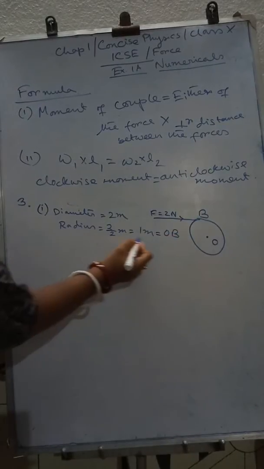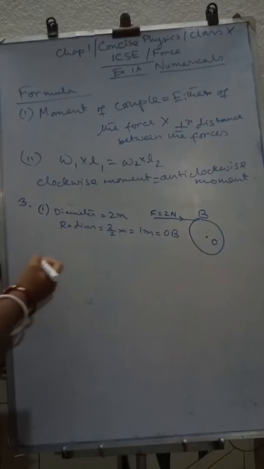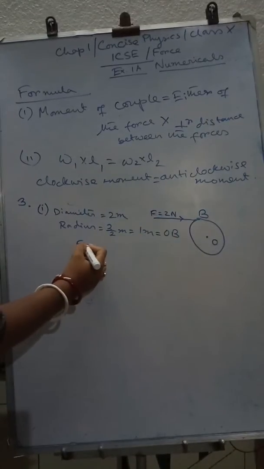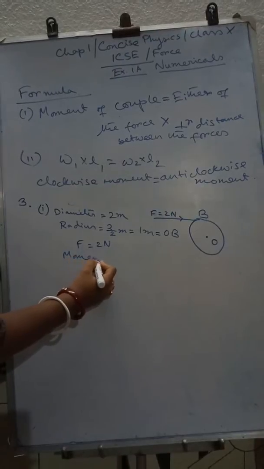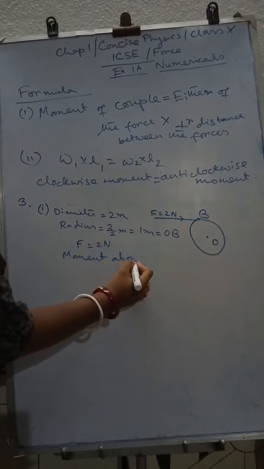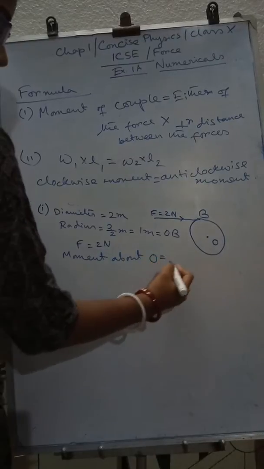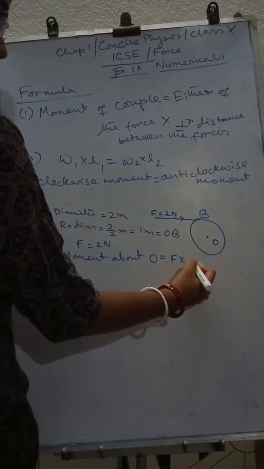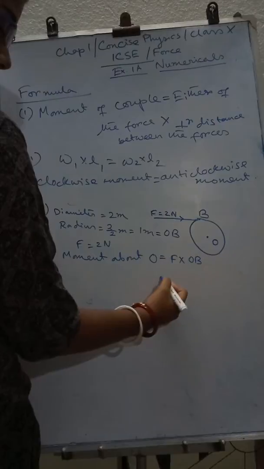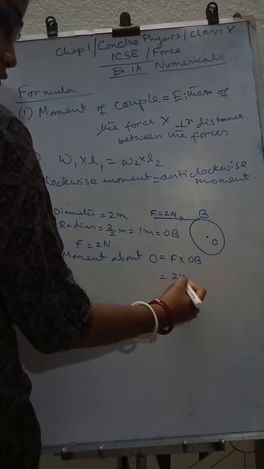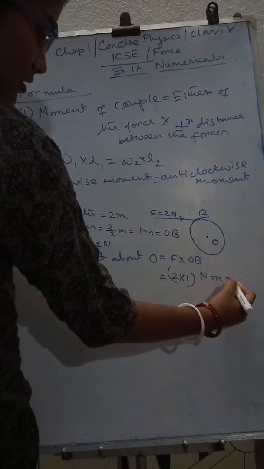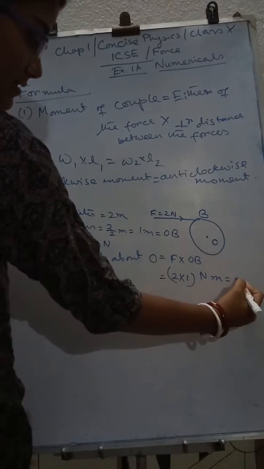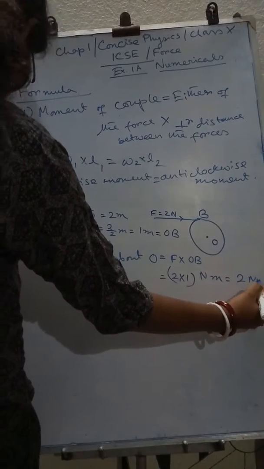So we have got the distance as 1 meter and the force applied is 2 Newton. So moment about O will be the force into the radius, that is OB. That means 2 multiplied by 1 and the unit will be Newton meter. Hence the result is 2 Newton meter.